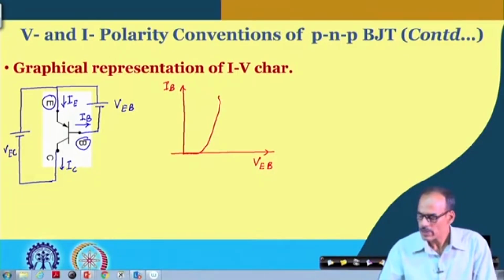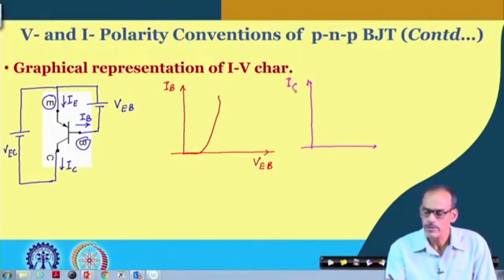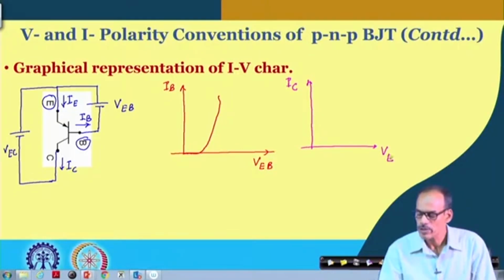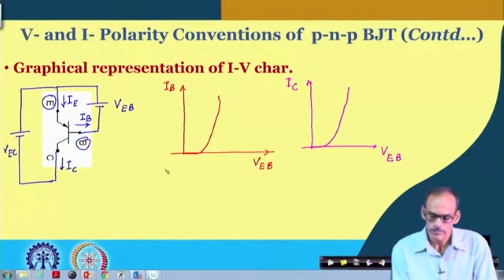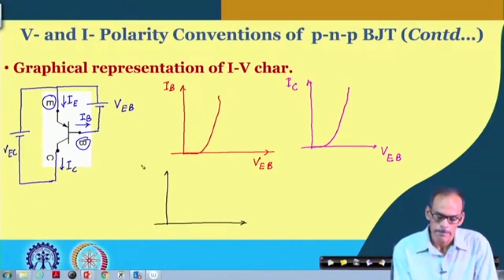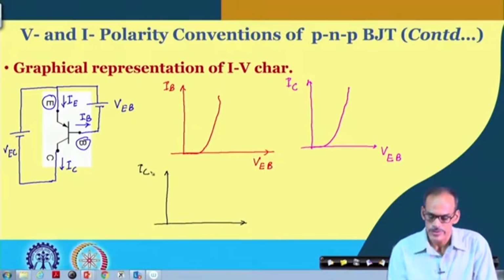Similarly, when you plot IC versus VEB, it will be like this, and IC versus VEC, not VCE, it is VEC.